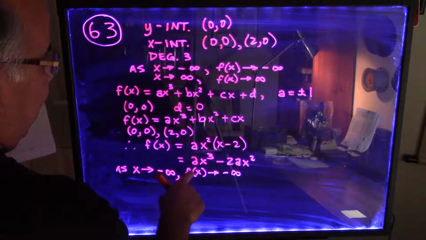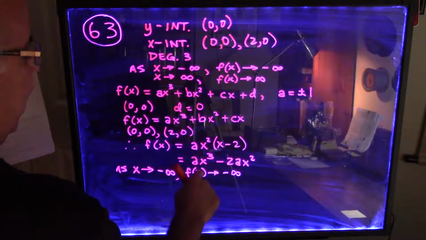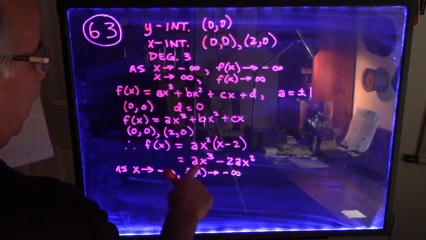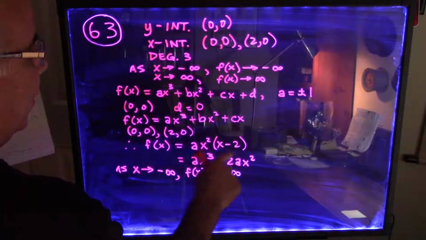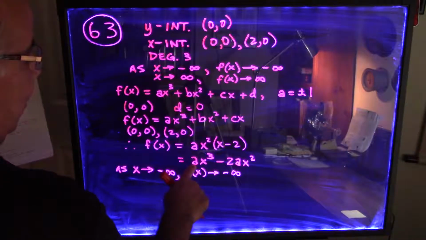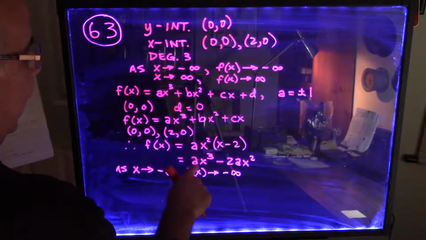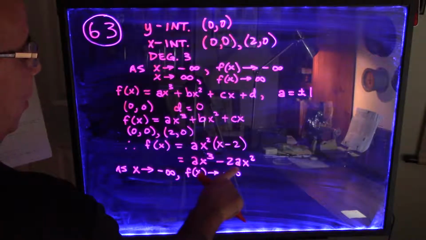So what this tells you is that as x becomes greater and greater in absolute value, going to the left on the x-axis, a has to be a positive 1. We know it's either plus or minus 1. It can't be a minus, because the minus will make that a positive term, and this is the dominant term, so it's going to overwhelm whatever this is.